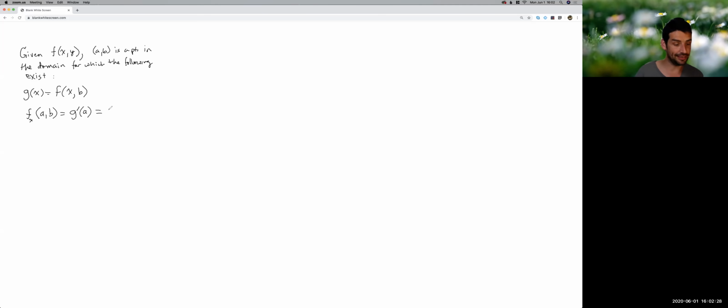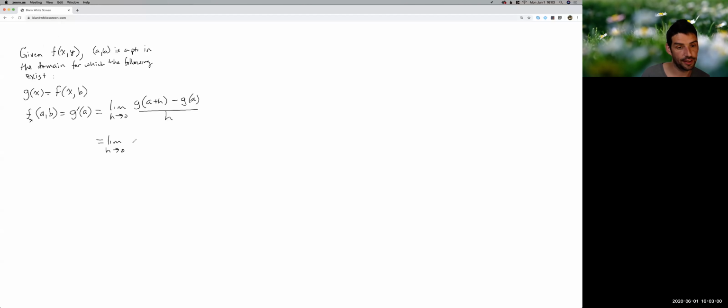Well, exactly what is that? That's going to be the limit as h goes to 0 of g of a plus h minus g of a over h. You should recognize this as the derivative of g, our definition of the derivative at a point. But what is g of a? g of a by definition is defined in terms of f.